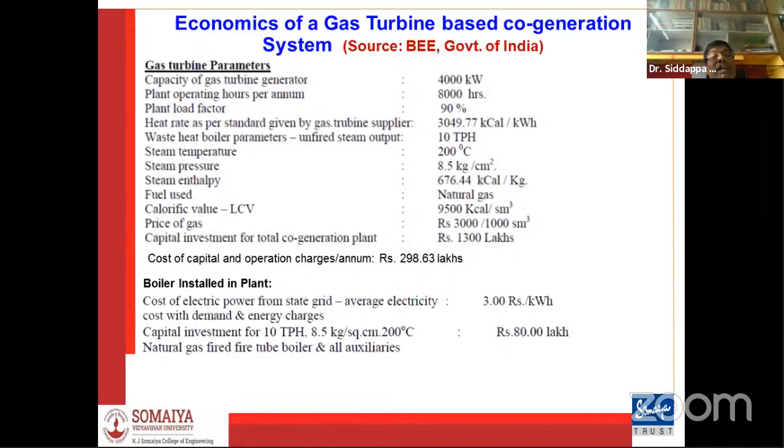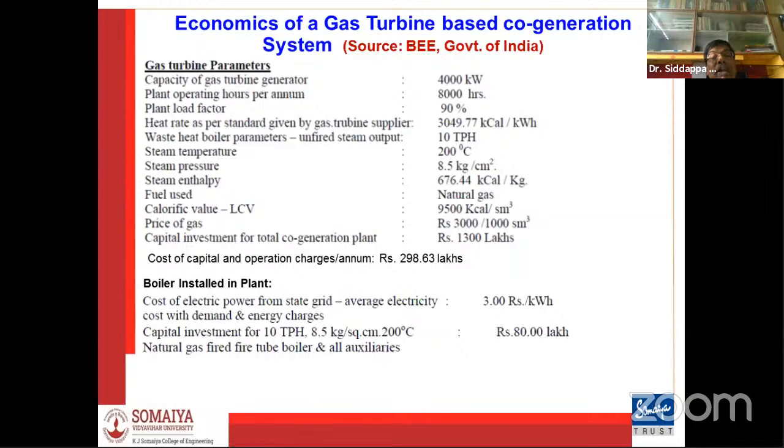He has given the capacity of the gas turbine generator as 4,000 kilowatt. Plant operating hours per annum will be 8,000 hours. Plant load factor 90%. Heat rate as per the standard given by the gas turbine supplier is 3049.